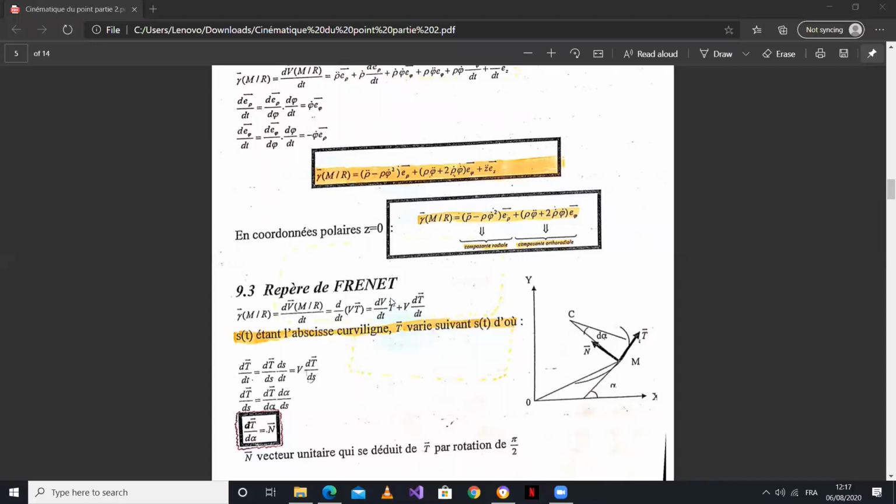They are telling us S(t) is the curvilinear abscissa and T varies according to S(t). Yesterday we said the curvilinear abscissa is the distance that the point M covers.